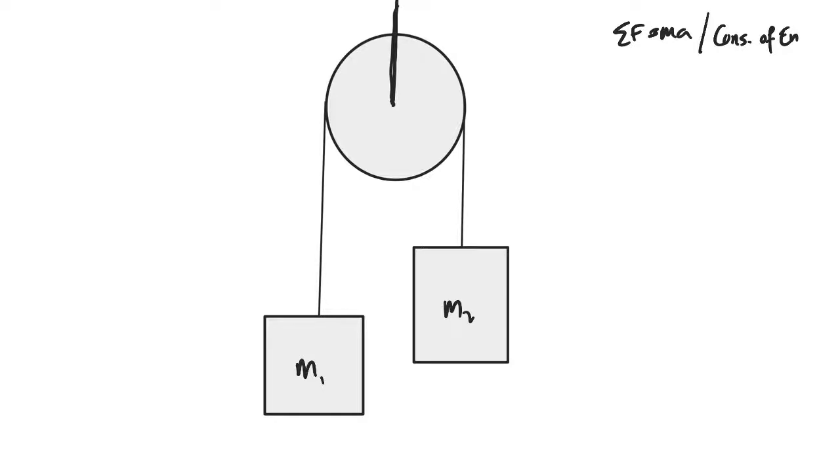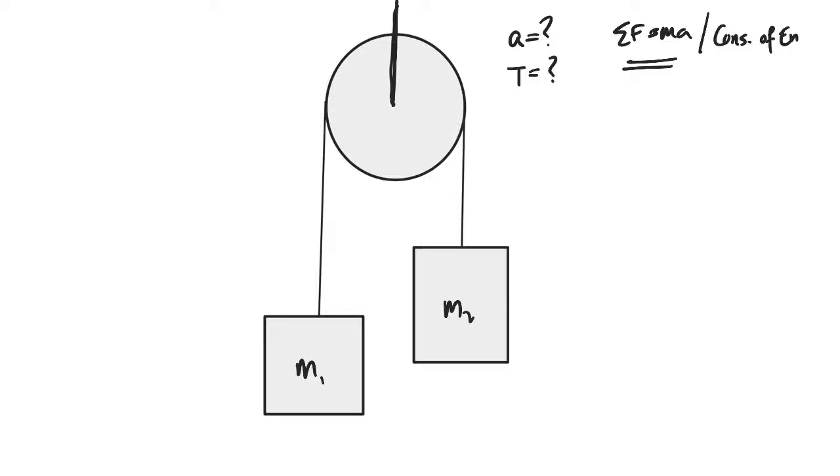So let's run through the basic method for solving one of these, and then we'll look at a couple of variations, okay? The basic topic typically is a Newton's law question where they want the acceleration of the system or the tension in the string. That is the most basic method.